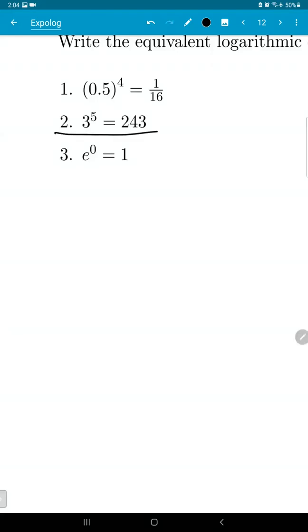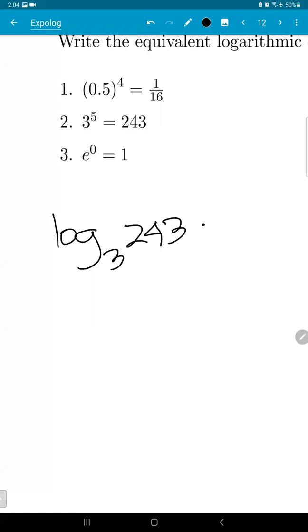The base is 3, okay, that's correct. So the base is 3, and you interchange. Logarithm of 243 base 3 equals 5.